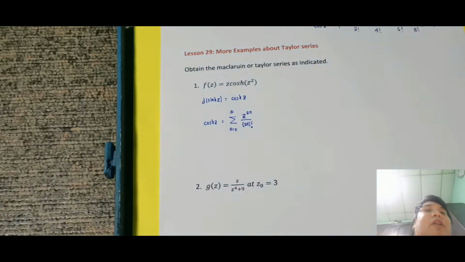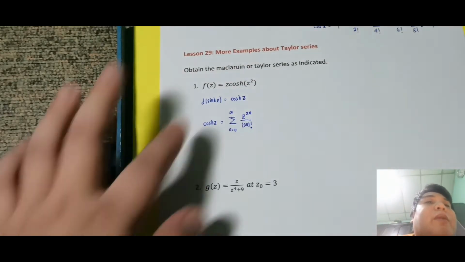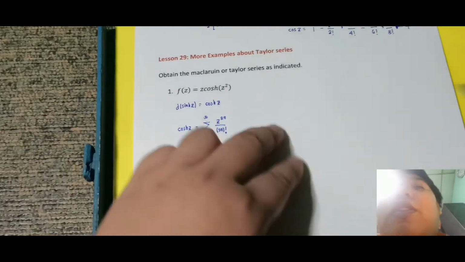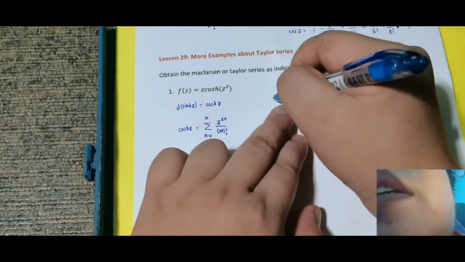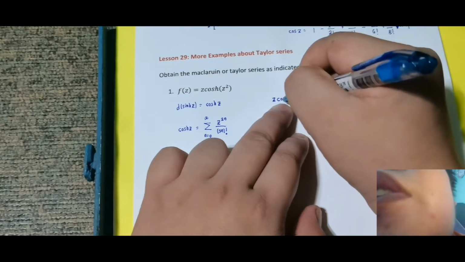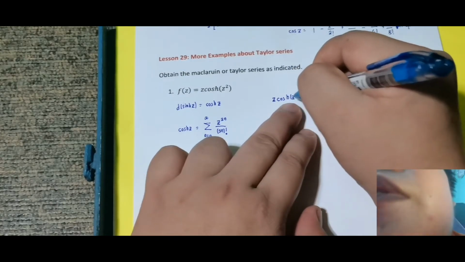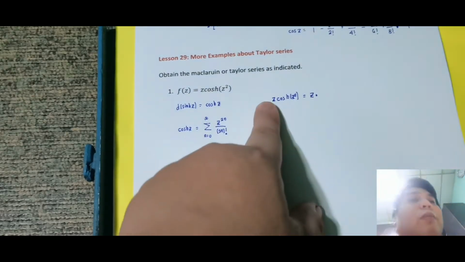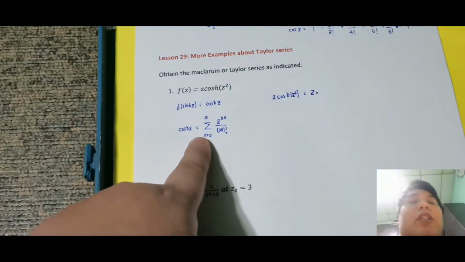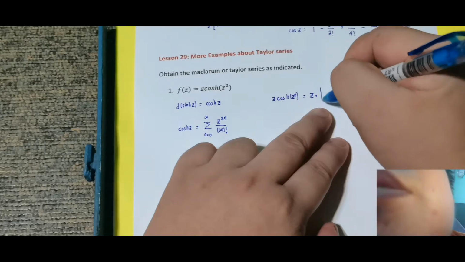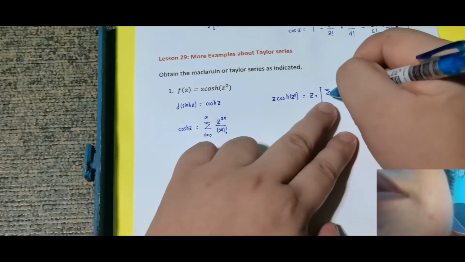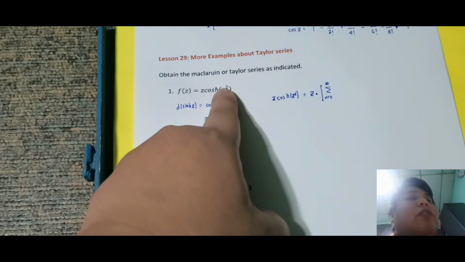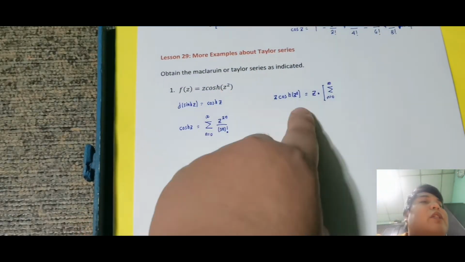Okay, ngayon ang una natin kunin is si cos z squared tapos yung z. Gusto natin kunin yung Maclaurin series representation nun. So ang gagawin ko, yung z cos of z squared magiging ganito. Magkakaroon ako ng z sa labas kasi may multiply na z. Then i-multiply ko siya sa summation for n is equal to 0 up to infinity. Yung z gagawin kong z squared, kasi z squared yung ginagamit.